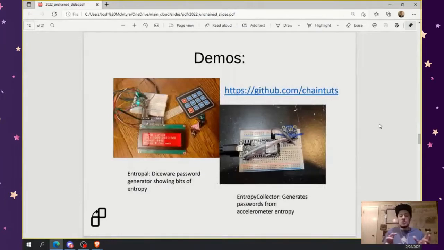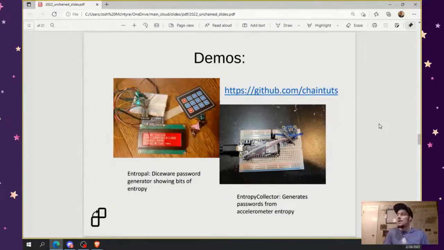So I made some little standalone examples. They're not production ready, cryptographically secure things, but demonstrating these concepts. One of them is a diceware password tool, where you can roll dice and input the dice rolls, and it'll show you the entropy in bits and give you words that you can string together to create secure passwords.